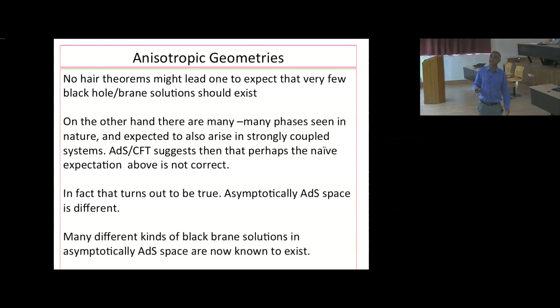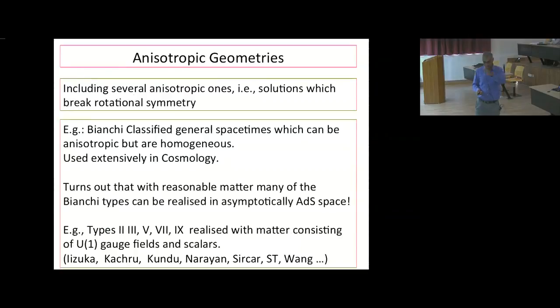Okay, and in fact, this is an aside, but I'll give you one of my favorite examples because it's also an example of different ideas coming together. In cosmology, you may ask, what is a general space-time which is homogeneous? Homogeneous is a generalization of the idea of translational invariance, so which is homogeneous but not isotropic. This is a question which has been much studied in cosmology, and Bianchi classified the most general such cosmologies in the past, with a symmetry-based classification with 9 kinds of groups.